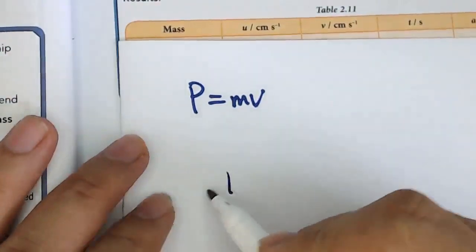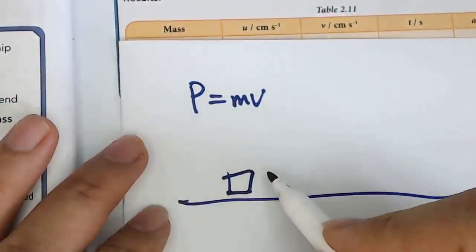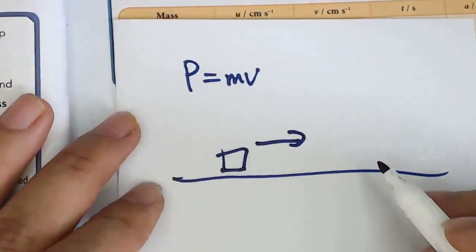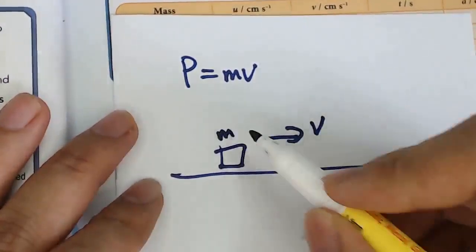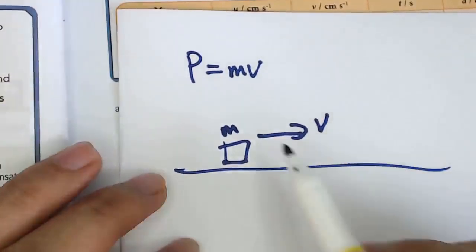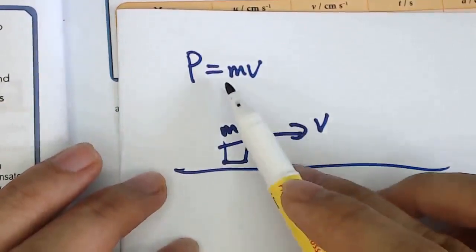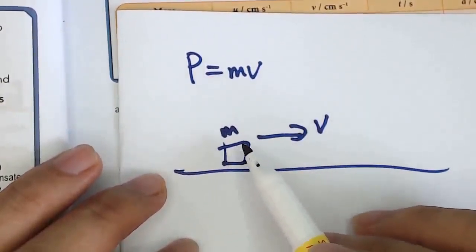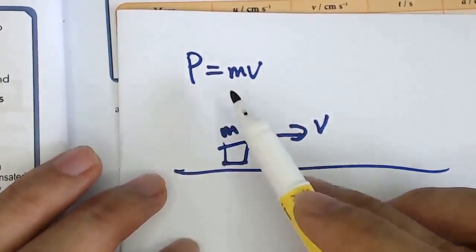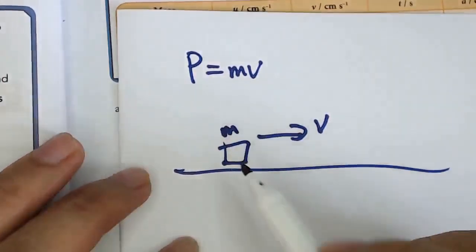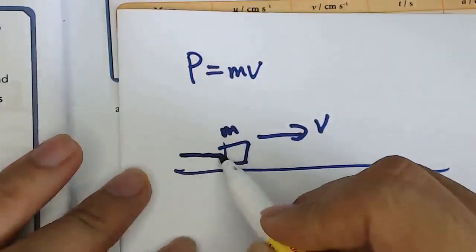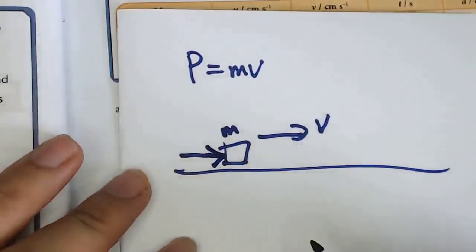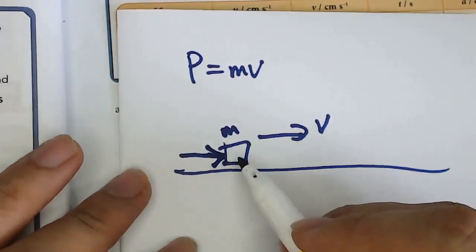Okay, let's say we have this object moving to the right at a certain speed v. This object has mass, so if we multiply m and v, we get the momentum of the object. But how can force change the value of this momentum? If we exert some force on the object.